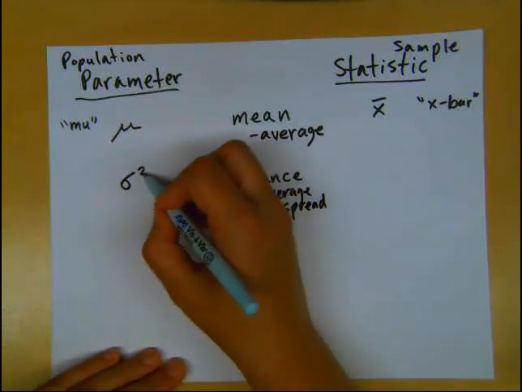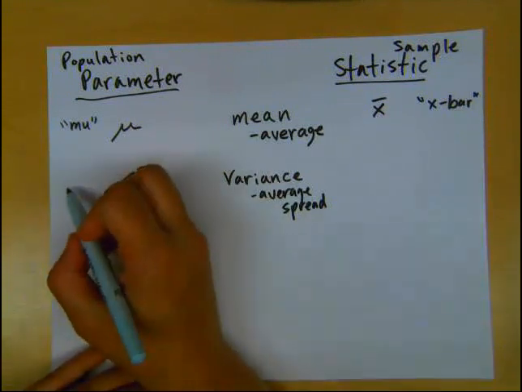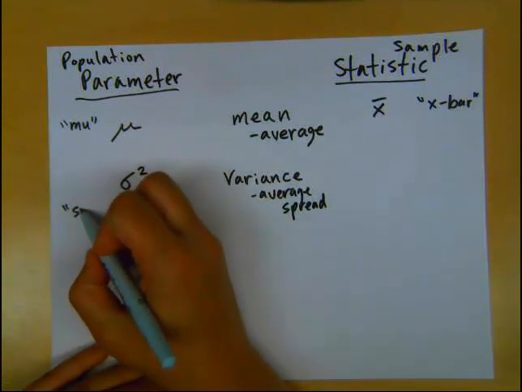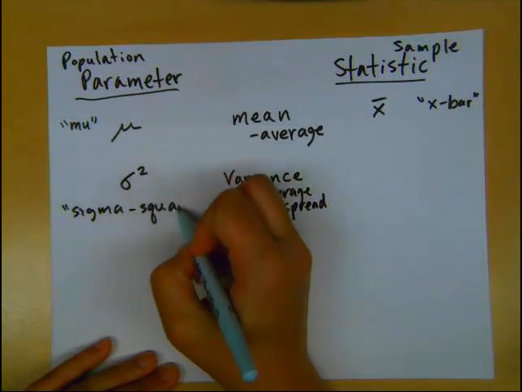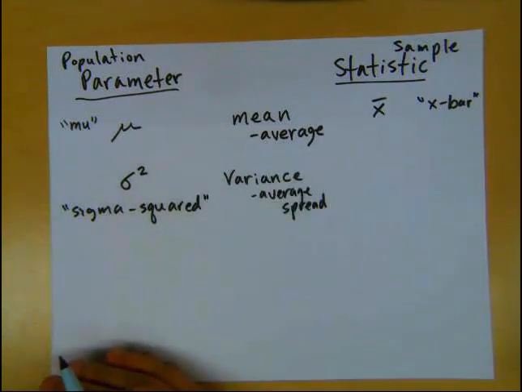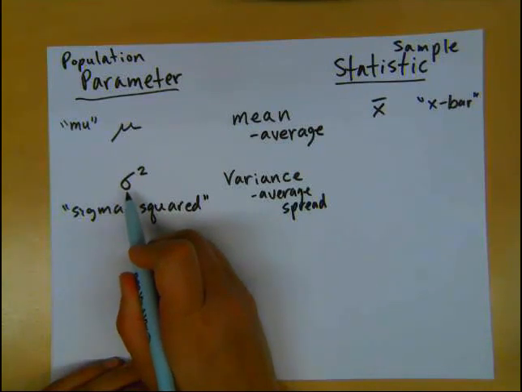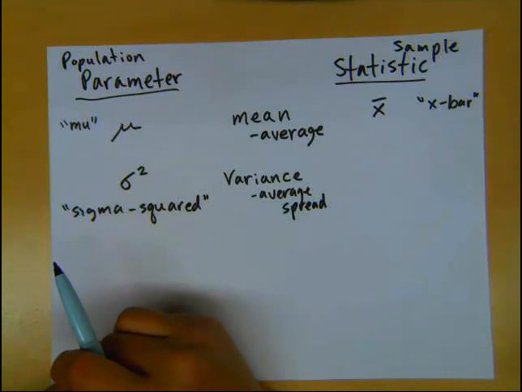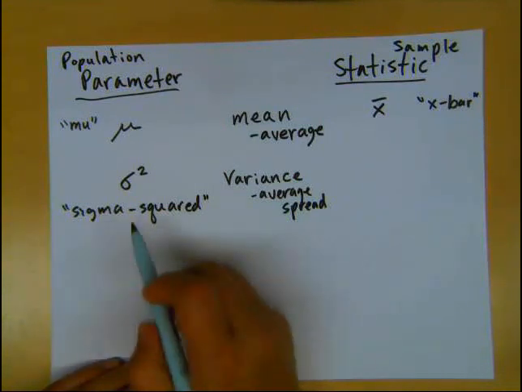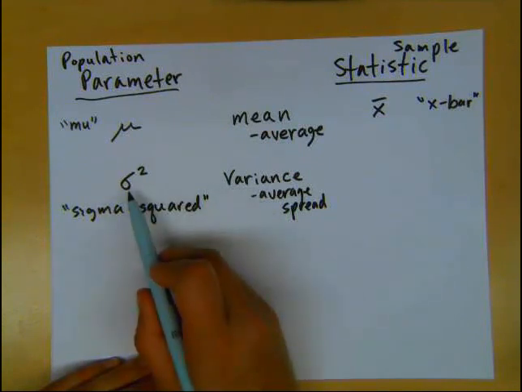And then we're going to square that value. Phonetically, that is pronounced sigma squared. Sigma is the lowercase Greek letter S. I know it doesn't look like our S's, but it is a Greek letter S in lowercase. Sigma squared is the symbol for the population variance, the measurement of the parameter.